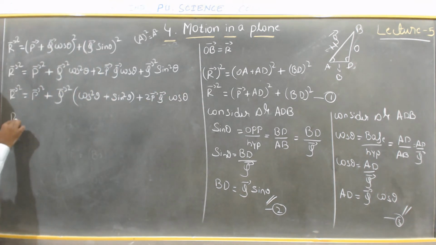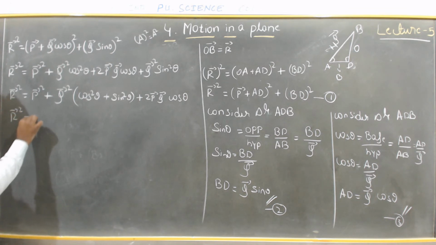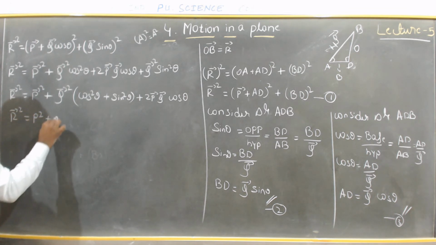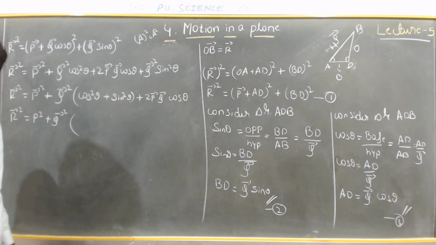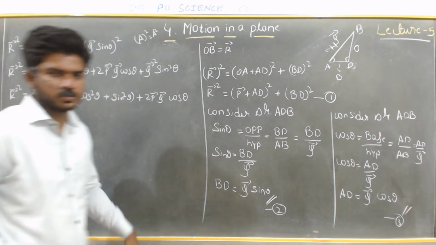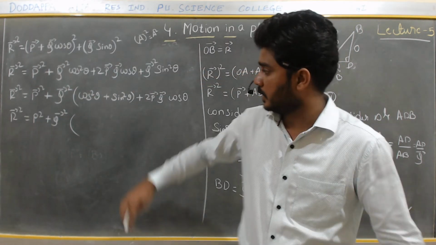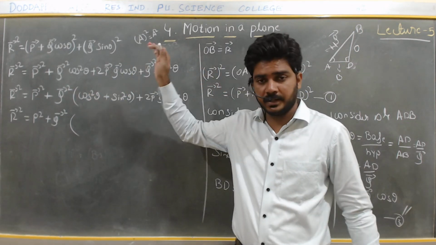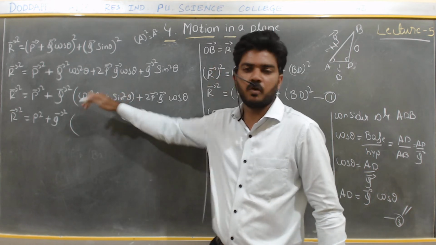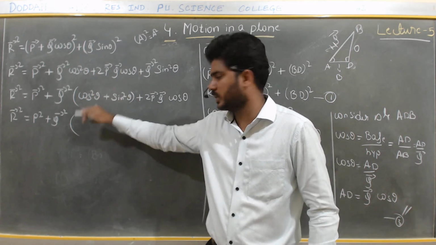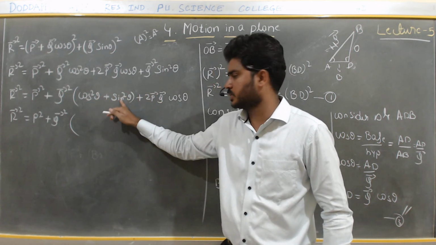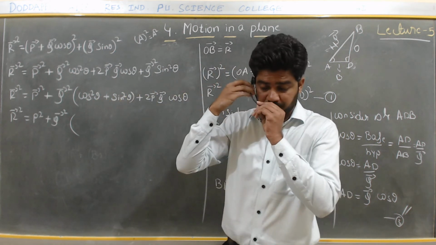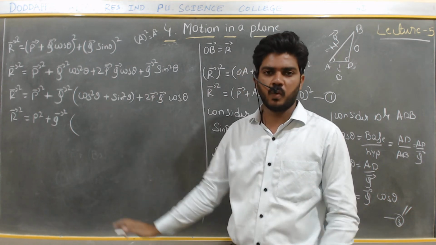See, r vector square is equal to p square plus q square. Sin square theta plus cos square theta is equal to what? 1. In yesterday's class only we have discussed it. That is a main formula in trigonometry. Sin square theta plus cos square theta is equal to 1. Whenever you see sin square theta plus cos square theta, you have to substitute, that should be equal to 1, right?